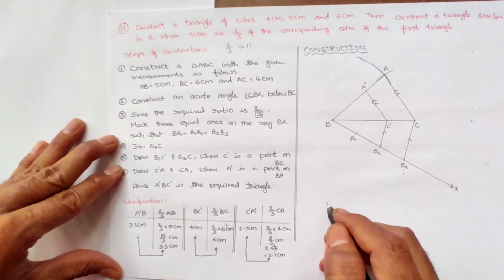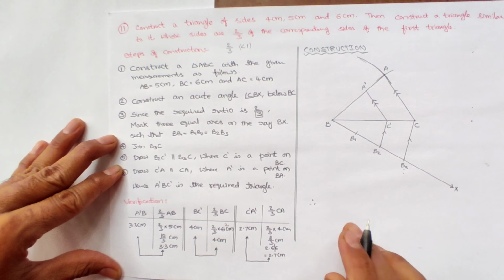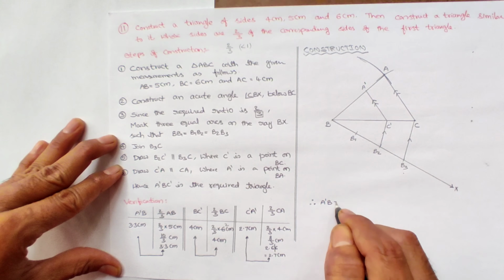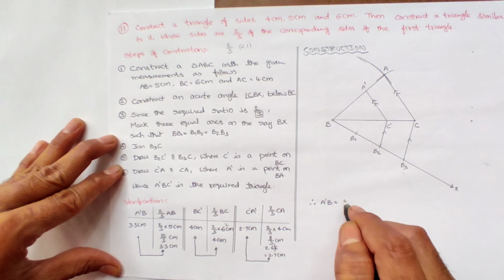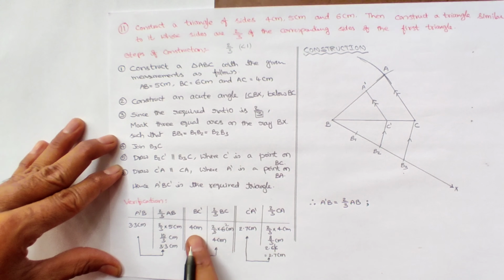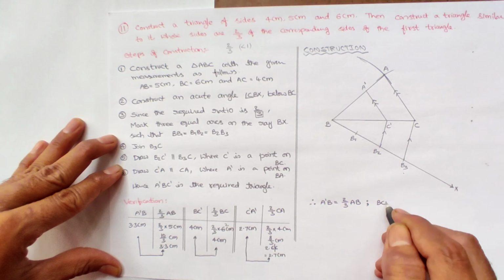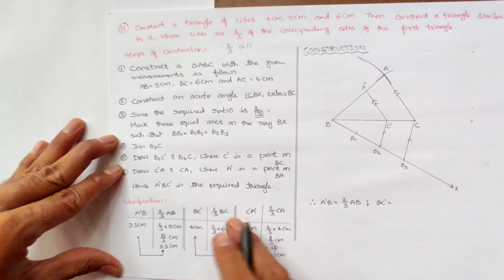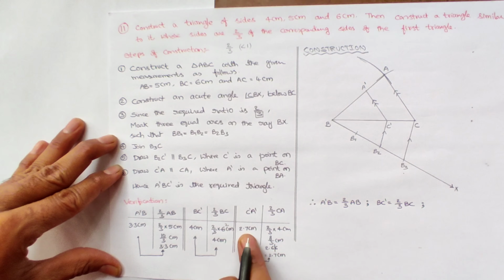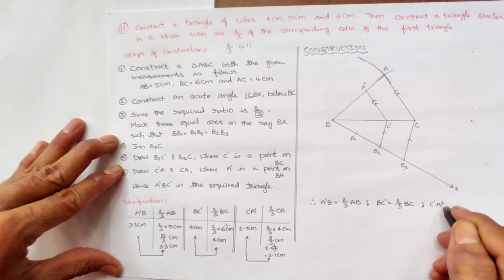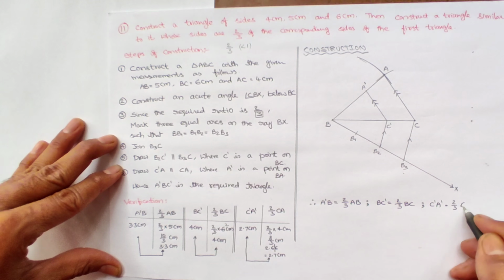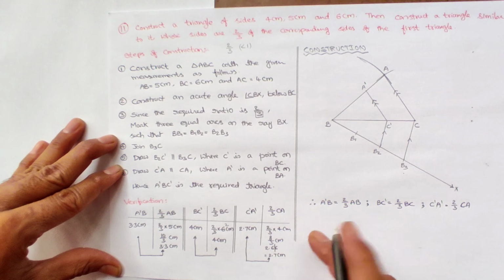Therefore A dash B, which is 3.3, is 2 by 3 times AB. This is one conclusion. BC dash, which is 4, is 2 by 3 BC. And the last one, C dash A dash is equal to 2 by 3 CA.